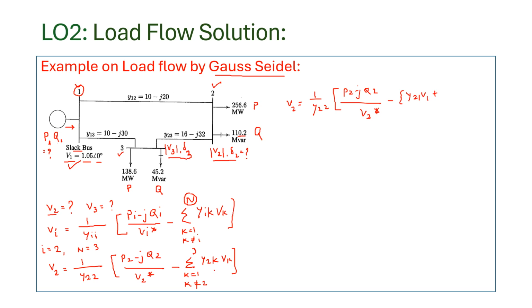Y22 will not come because k should not be equal to 2. So this is the equation we get for V2, the voltage at the second bus. Now we have to solve this, and once we solve it, we get the value of voltage V2. But there is one glitch here: the V2 term is also on this side.